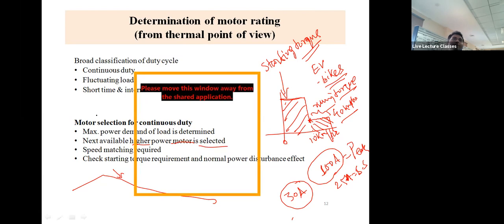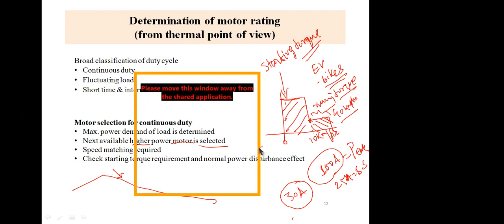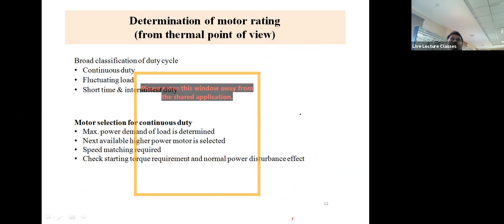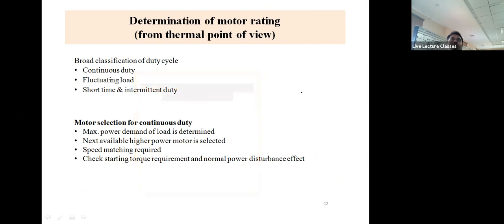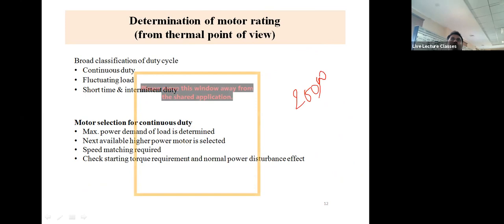Can you tell me what is the power rating required to pick up 1% in an electric vehicle? What is the power rating required to pull 1%? It's 200 watts.